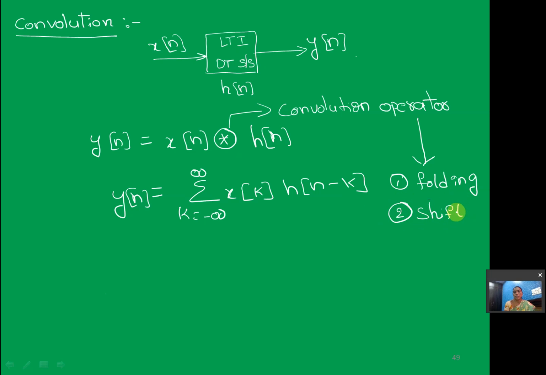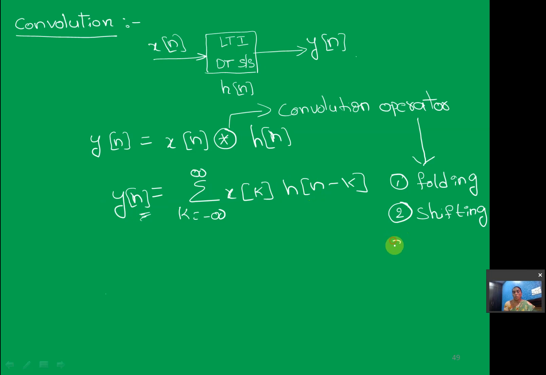The second one is shifting. After getting the h of minus k, we should find out h of n minus k. Here n depends on minus infinity to infinity values. So this h of minus k is shifting along the x-axis from minus infinity to infinity based on the n value.